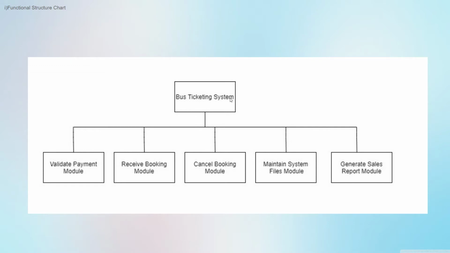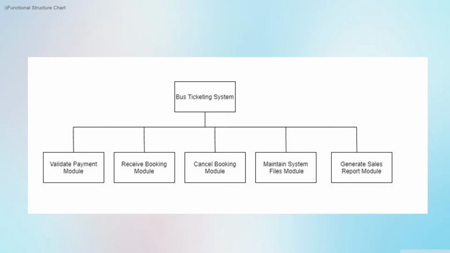Under the bus ticketing system, there are five modules: validate payment module, receive booking module, cancel booking module, maintain system files module, and lastly generate sales report module. Okay, good. Proceed.